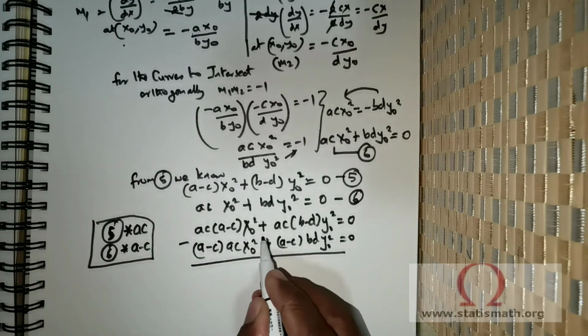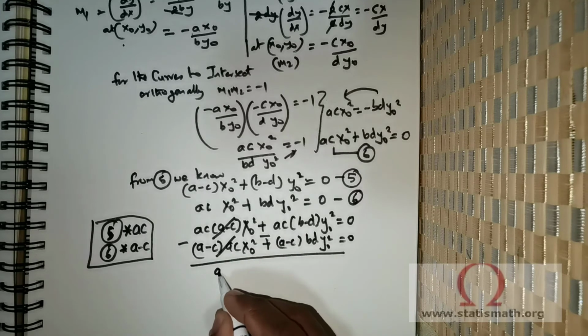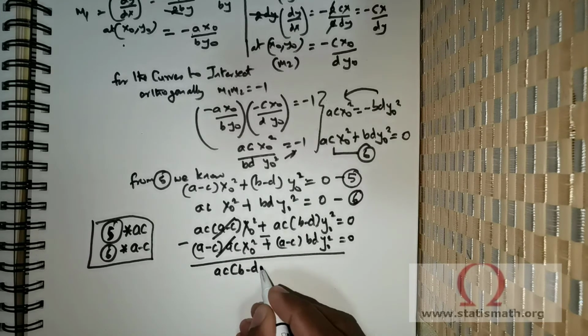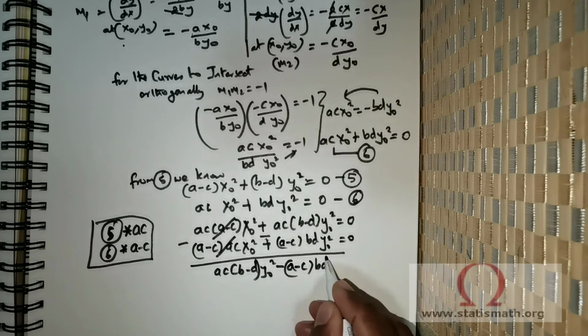Now changing the sign, these two terms would be cancelled, giving us ac times b negative d times y0 squared. This is negative, so negative a negative c times bd times y0 squared is equal to 0.